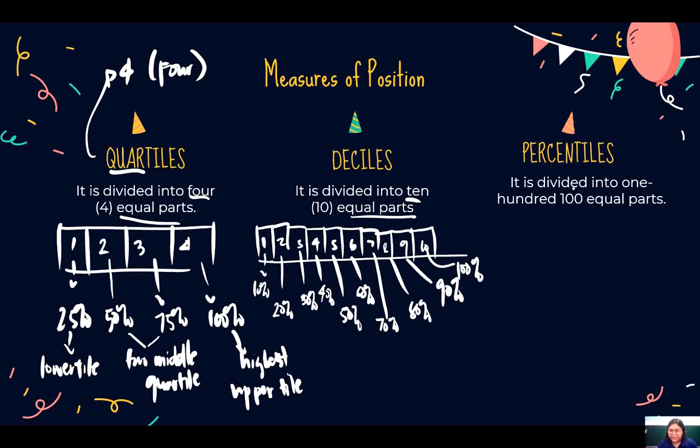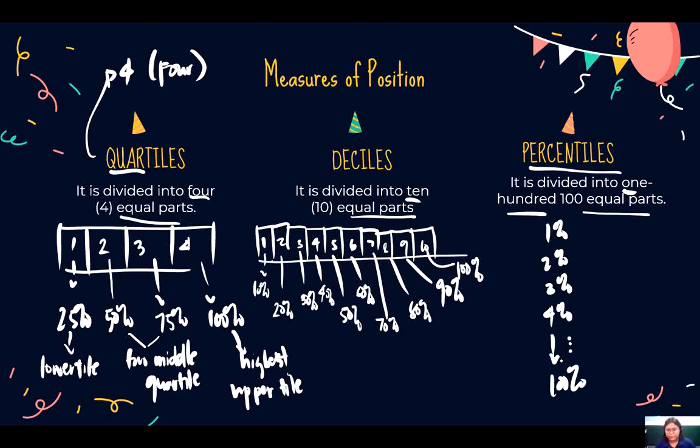While the percentile, we're not going to draw this because it takes a lot of time to draw 100 equal tiles. We just need to know that percentile is divided into 100 equal parts of the whole: 1%, 2%, 3%, 4%, up to 100%.